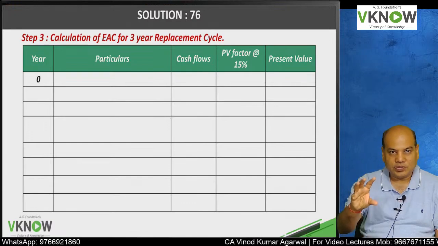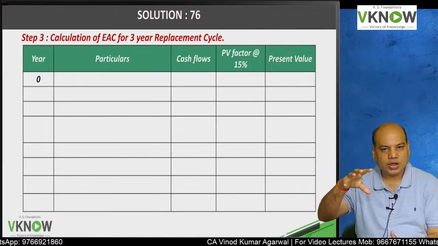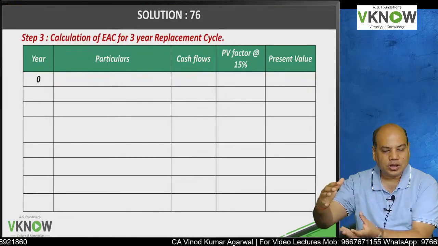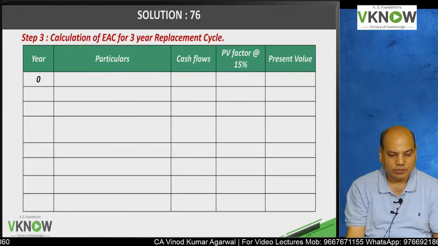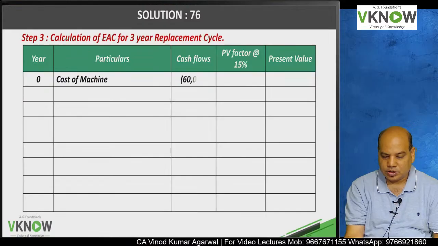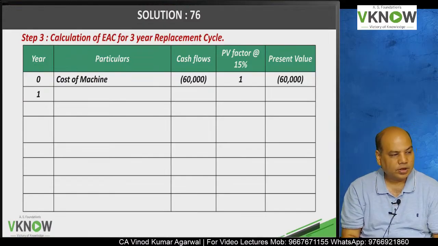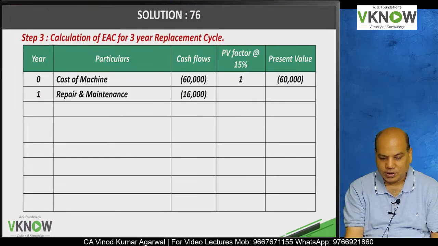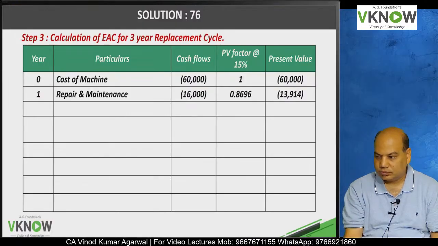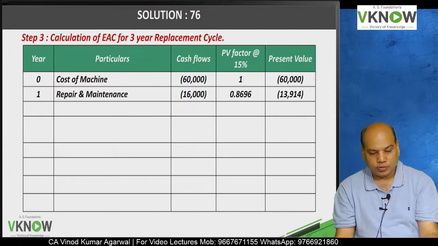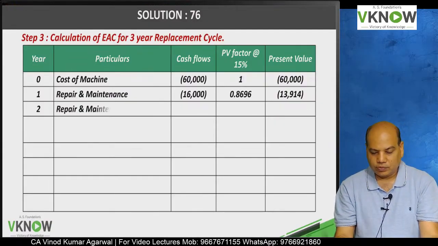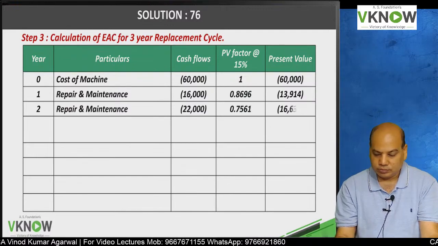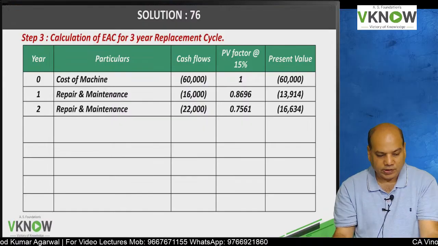So now imagine you have to use cash flows of only 3 years. If you buy an asset with a 3-year life, what are the cash flows associated with that? One is your purchase cost, 60,000. Second, in year 1 you will incur repairs and maintenance of 16,000. You can copy the present value from the previous table. Don't waste time again. Repair and maintenance in the second year is 22,000. Copy the factor, copy the present value.